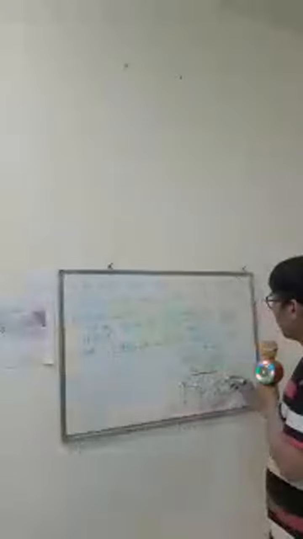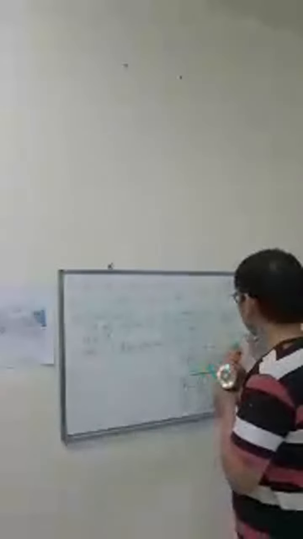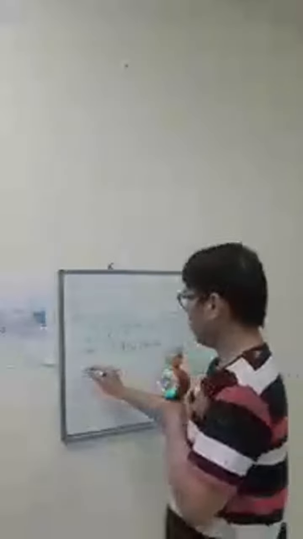We don't have to worry. Now we can also use this one, but first we need to calculate the Vf. And since we have the time, 15 seconds, we will use another formula.